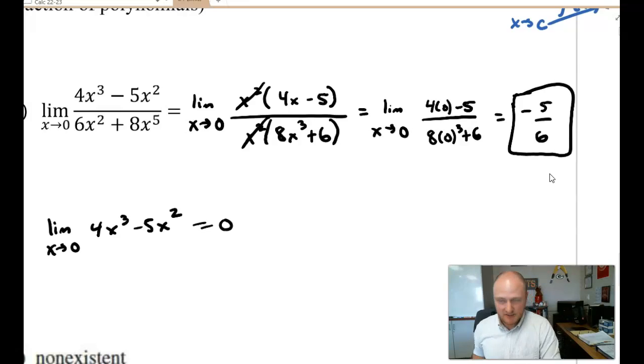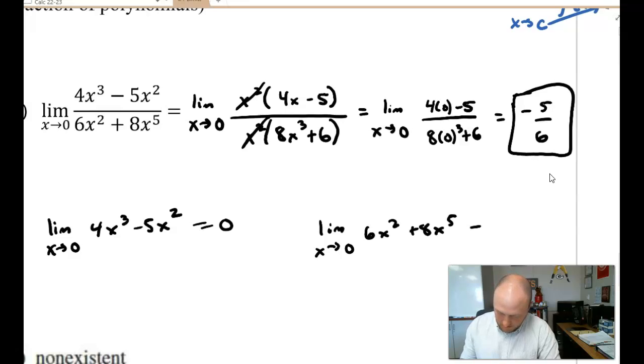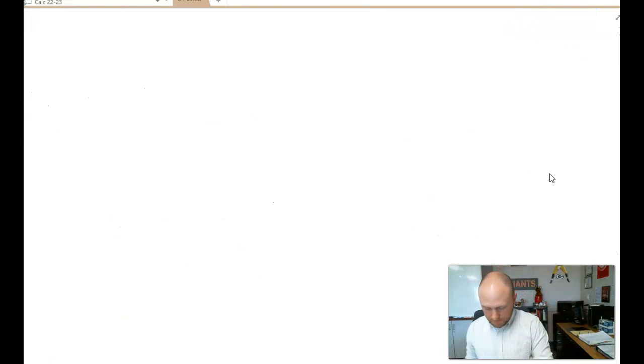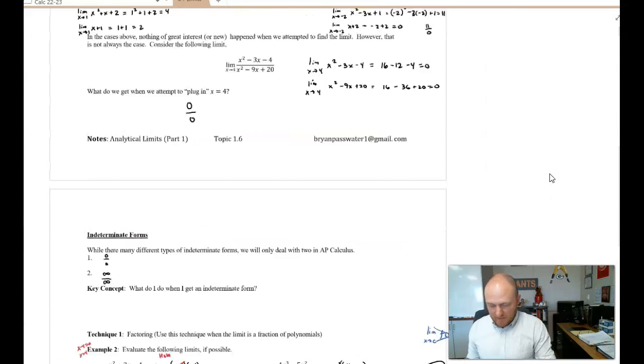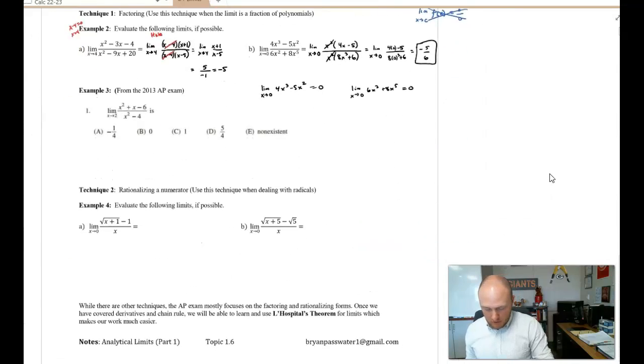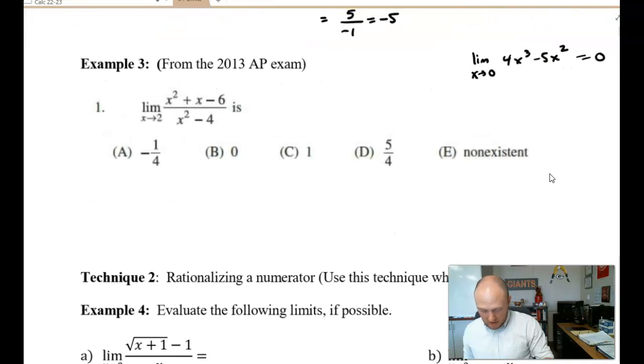Because that's equal to 0. And then in a separate limit I would have calculated the limit of the denominator. Okay, moral of the story, never write equals 0 over 0 on your paper. Okay, that is the first approach, factor. We need to factor in order to determine the limit.